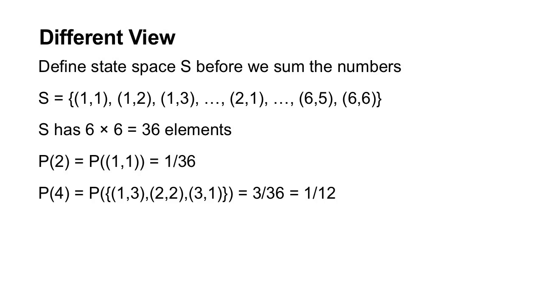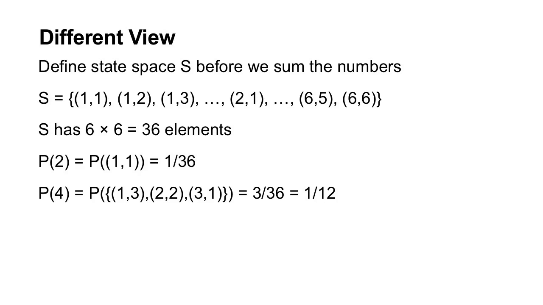Number on the first die, number on the second die. 6 times 6, 36 combinations. And they are now all equally likely. The probability of 1,1 is the same as a 2 on the first and a 5 on the second. And so now here I can use the classical probability definition the way we saw it in the last lecture.